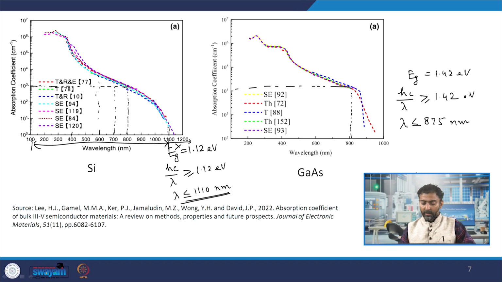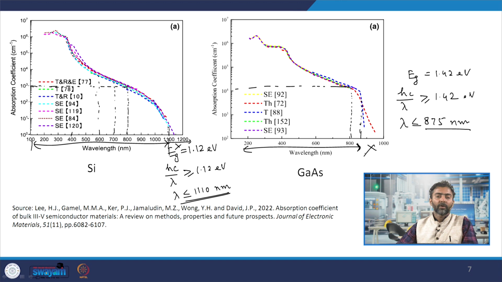And interestingly you see that is around the point where there is this sharp drop in the absorption coefficient of gallium arsenide. So, for gallium arsenide, I will design the cell only in such a way that it should be able to absorb the radiation up to a maximum of 875 nanometer. Anything beyond that I will not be interested in, because those photons will not have sufficient energy to raise the electrons to the conduction band.